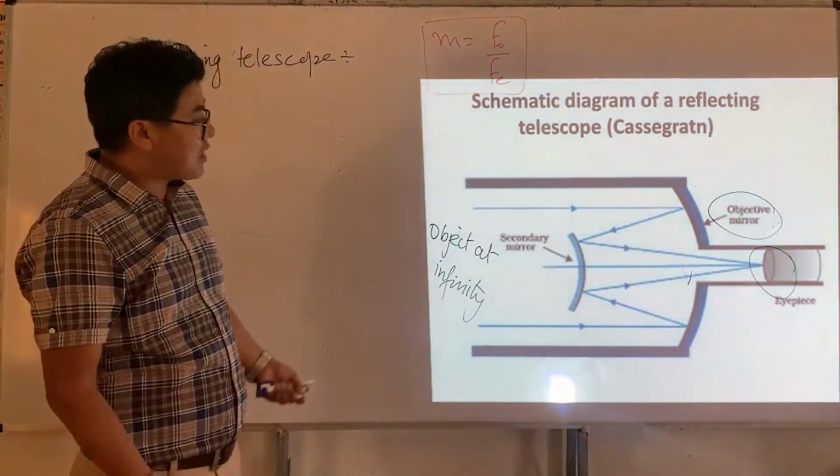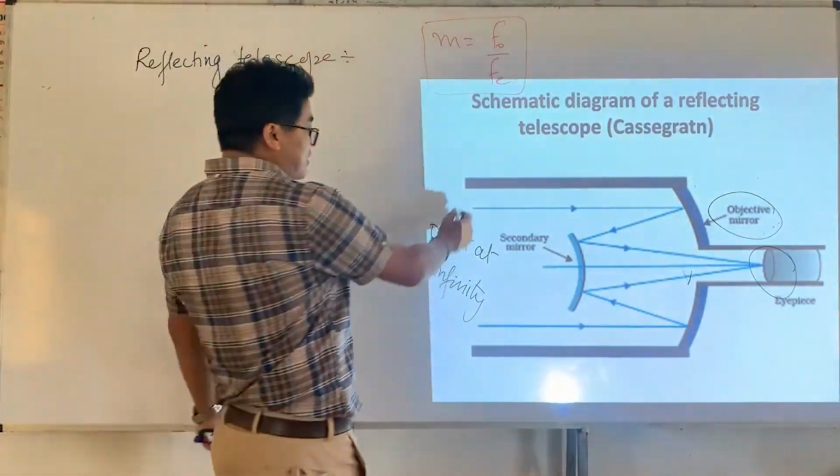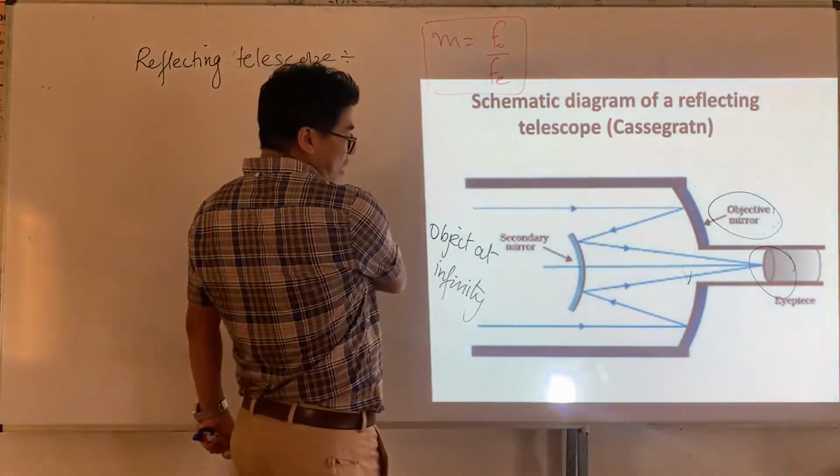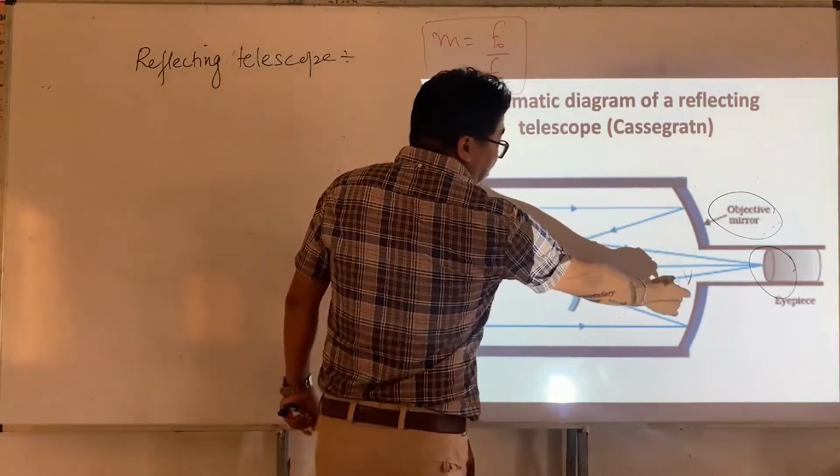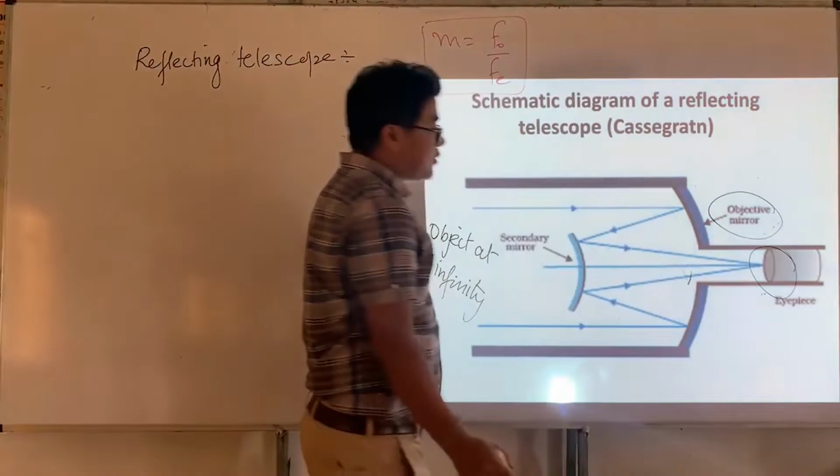All right, we could observe the image. So this is how it goes. This comes from a far object, an astronomical object, and then reflects back, and finally we see through the eyepiece.